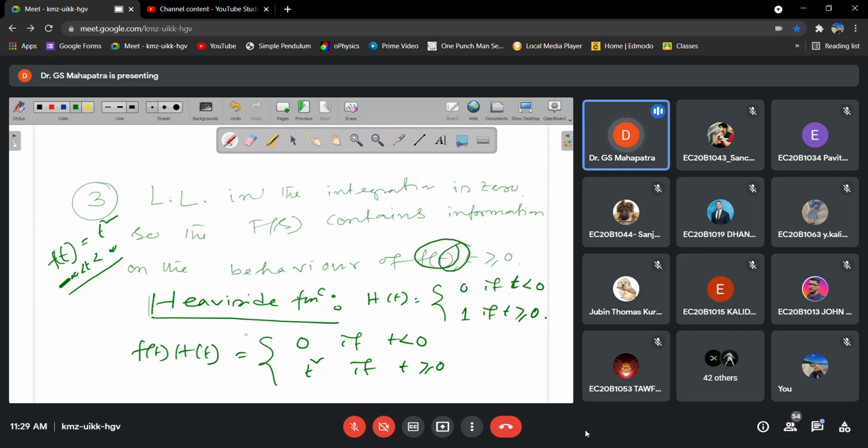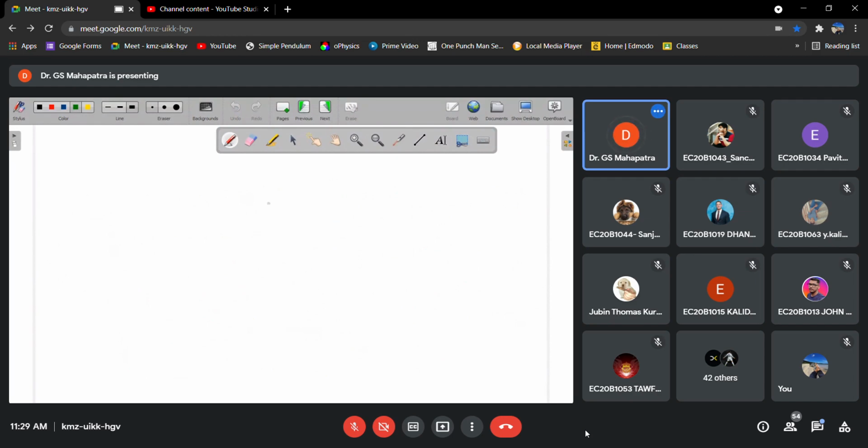Just see, now I will replace f of t. Here it is f of t. So now you apply this Heaviside function. For this case, I actually discussed regarding 0. Now the next one, that is observation 4. At t equals 0, correct.